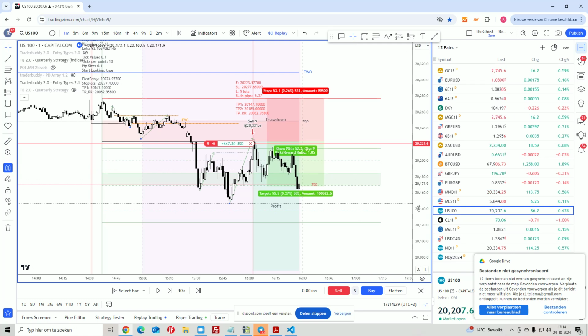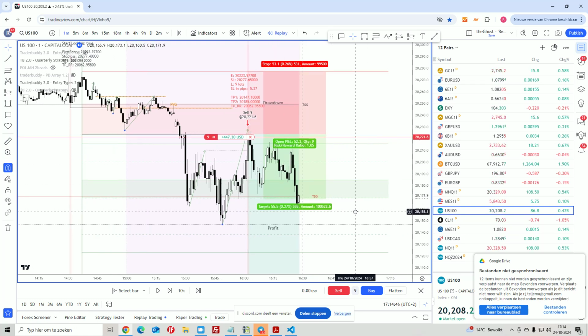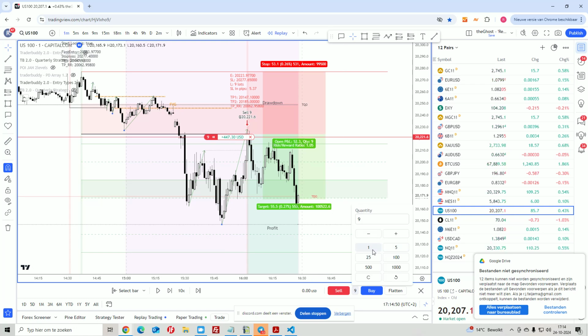Okay, so here you would have taken either something off when we take out this low, or actually this low, I mean, because the swing low before our entry. Here you take something off, let's say 3, and then move your stop loss.